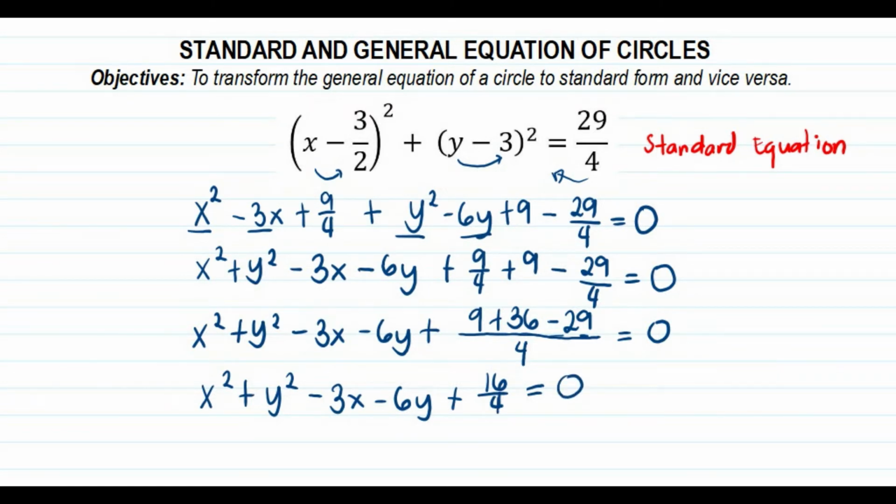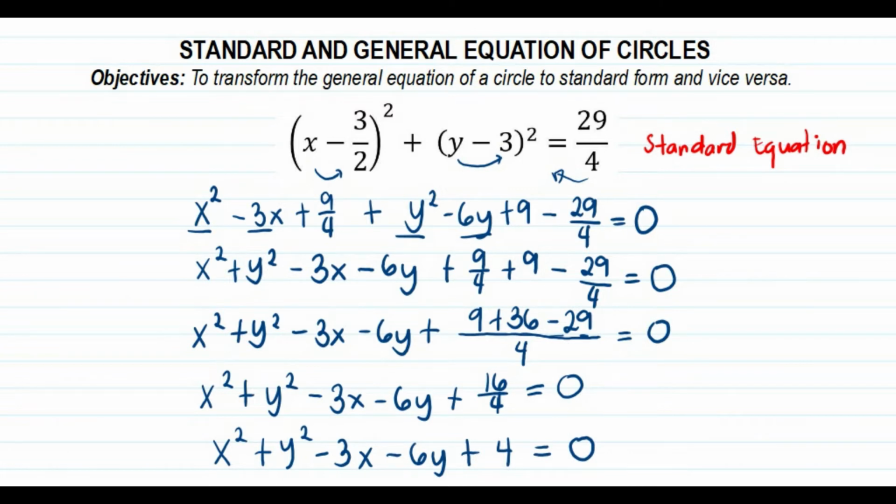And the final answer is x squared plus y squared minus 3x minus 6y plus 4 equals 0.